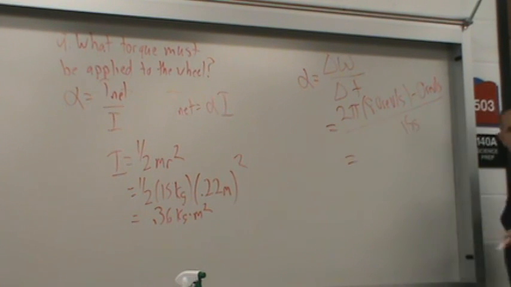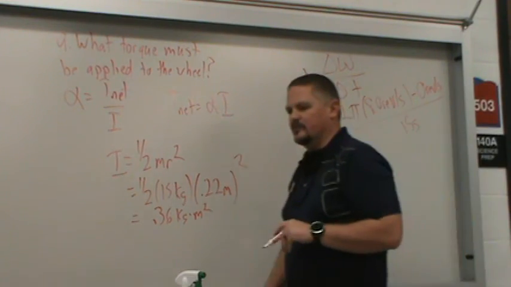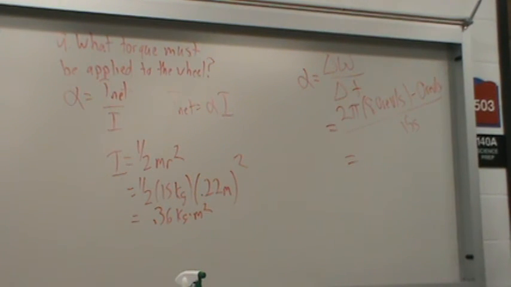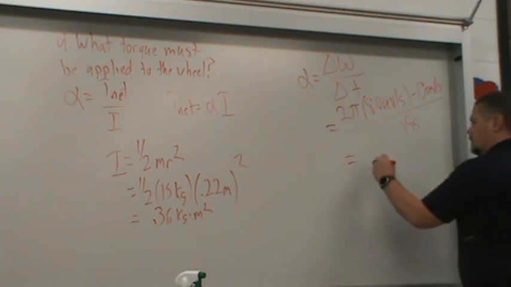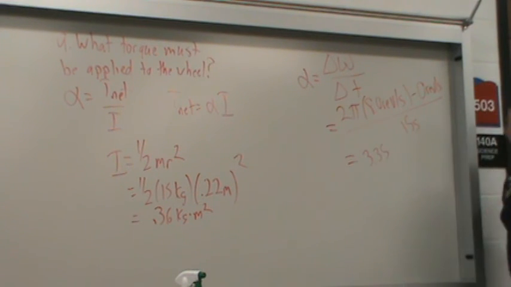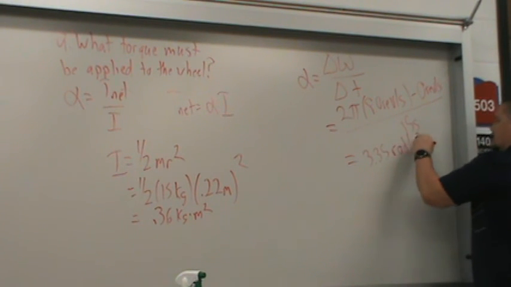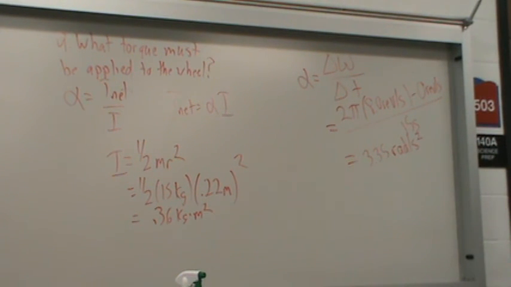So that's 16 pi. Go ahead and take it times 3.14. Run this through your calculator and let's see what we come up with for our angular acceleration. 3.35, and what should the units be? Radians per second squared.